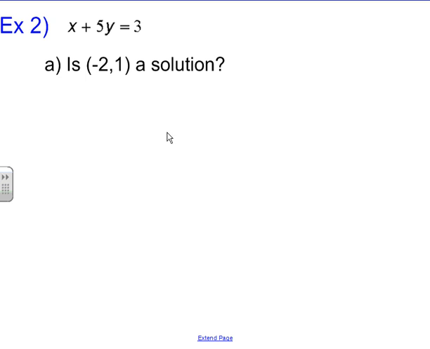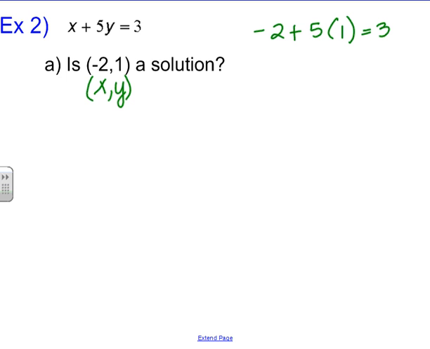Since this is an ordered pair, one is x and the other is y. We can replace these values in the equation to see if it's true. So I get negative 2 plus 5 times 1 equals 3.